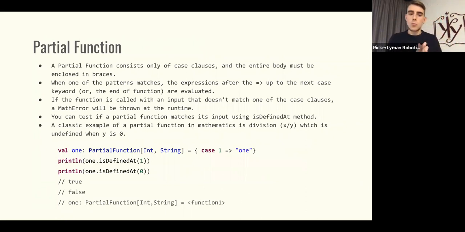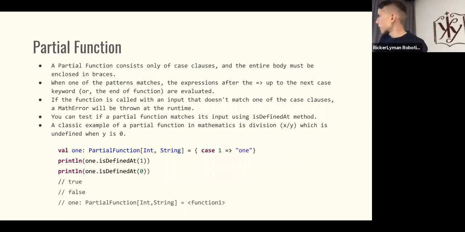So whenever we want to define our function not on the whole domain, remember we spoke a few minutes ago about domains. So a function is from domain A to codomain B. When we want to define a function which works not on the whole domain, but on a set of exact values, we can use the partial function.